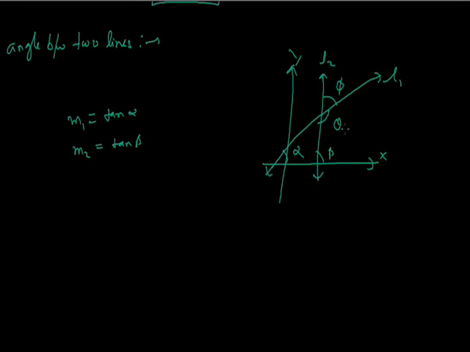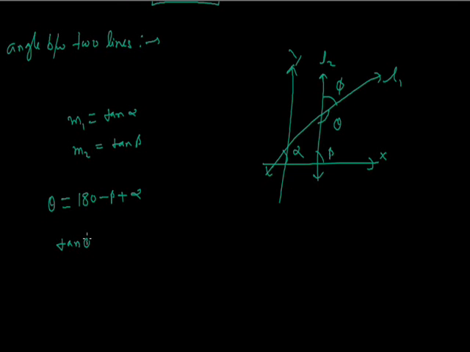Here we can see that theta is equal to 180 minus beta plus alpha, because theta is the exterior angle of this triangle, the sum of the opposite two interior angles.